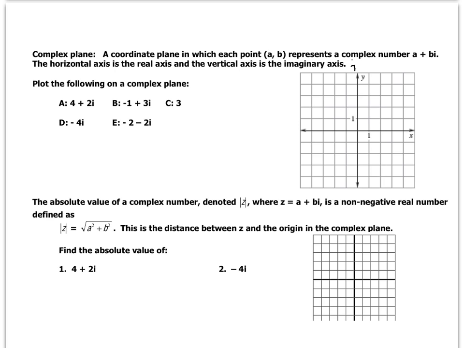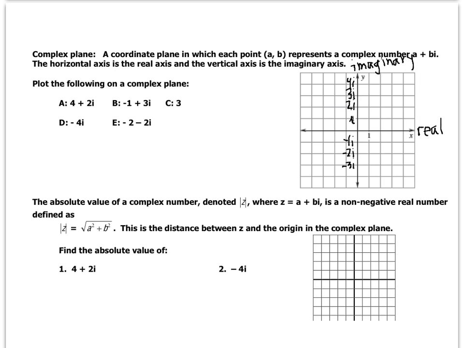The y is the imaginary, and the x is the real. So really, this is i, this is 2i, this is 3i, and 4i, and down here would be negative 1i, negative 2i, negative 3i, and so forth. And then on the x coordinates, just 1, 2, 3, negative 1, negative 2, negative 3, just like before.